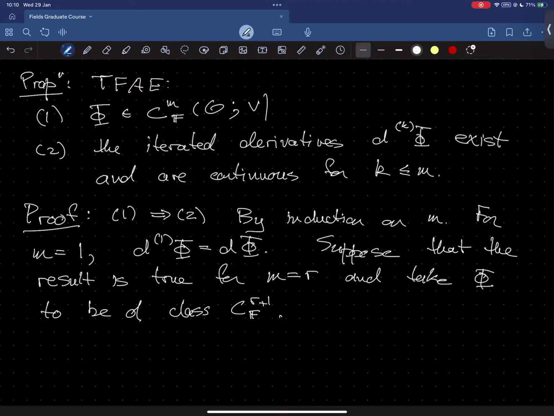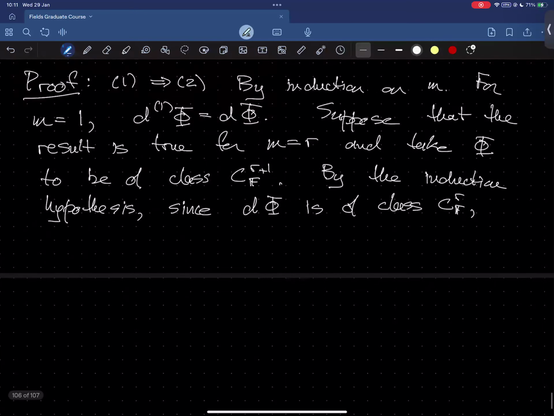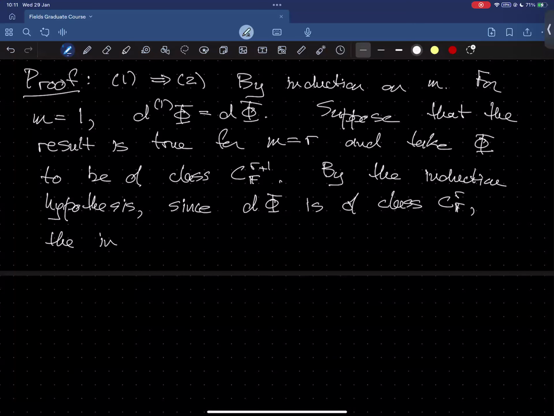So, first of all, by the induction hypothesis, since d phi is of class C^r, the iterated derivatives of d phi exist up to order r.